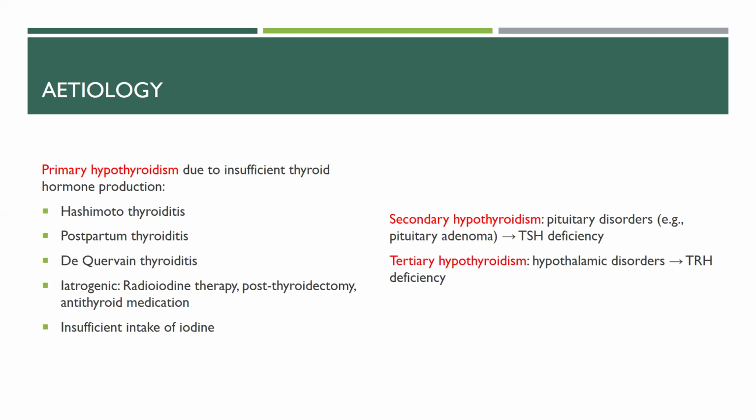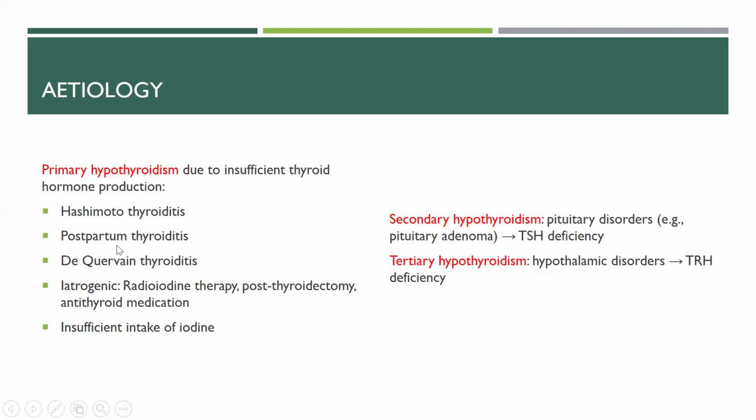So in this case, there is insufficient thyroid hormone production, meaning there's a problem with the thyroid, which can give rise to conditions such as Hashimoto thyroiditis, which is the most common form of hypothyroidism in areas with proper iodine intake. If iodine is not an issue, we consider this one a lot more. So in areas with sufficient iodine intake, where you still get hypothyroidism, we normally think of Hashimoto's because it's the most common one.